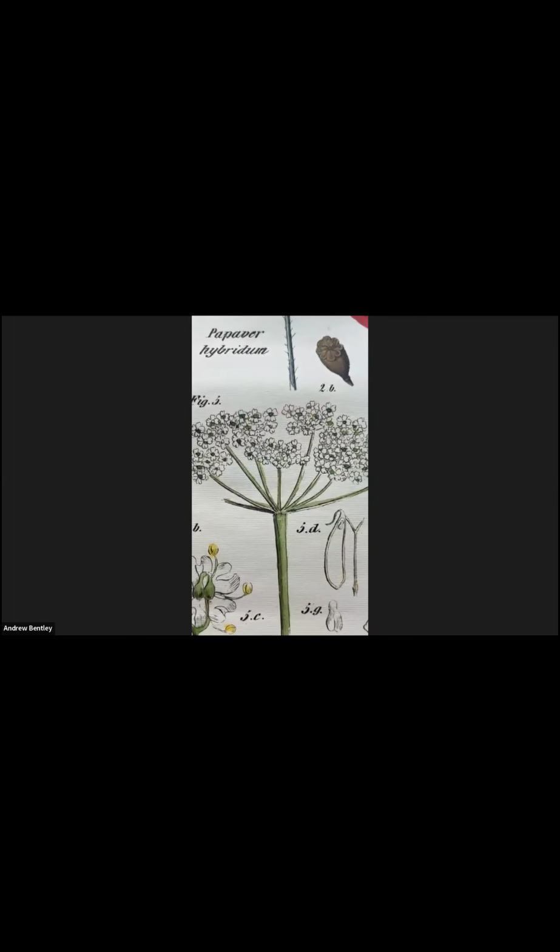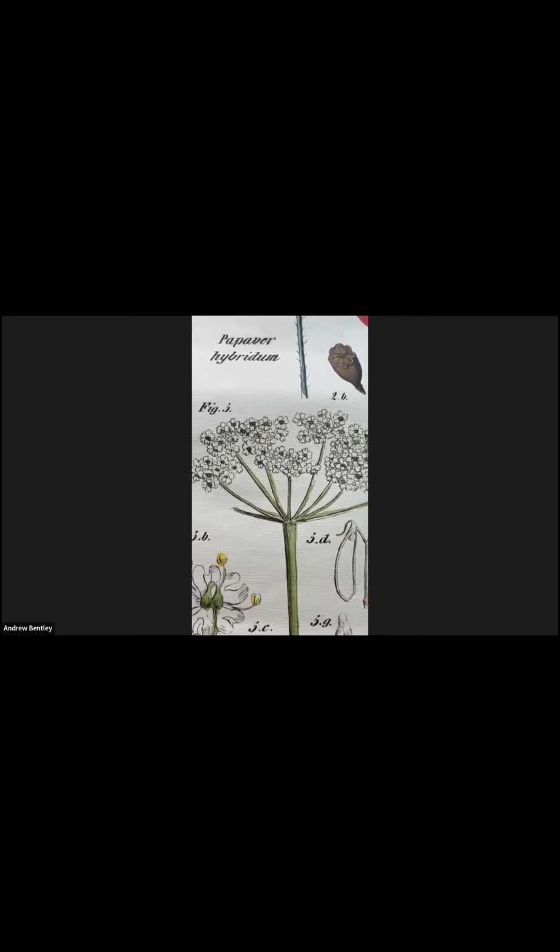And then in this case, you might have this is Ecopodium. It's in the carrot family, celery family, but you can see there's a bunch of little flowers arranged on stems.